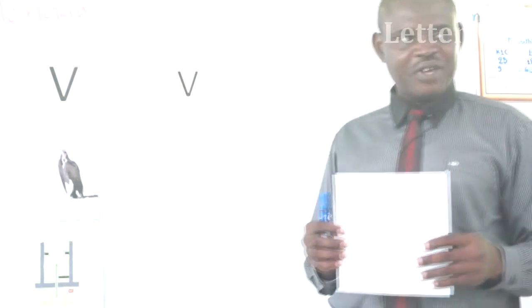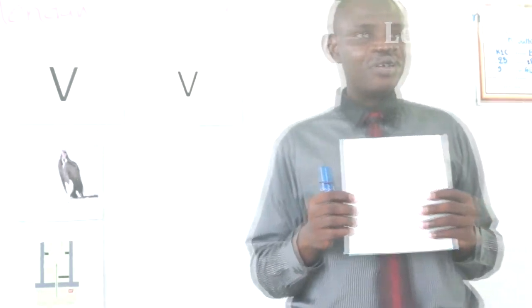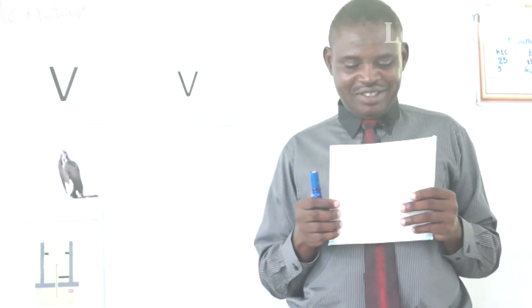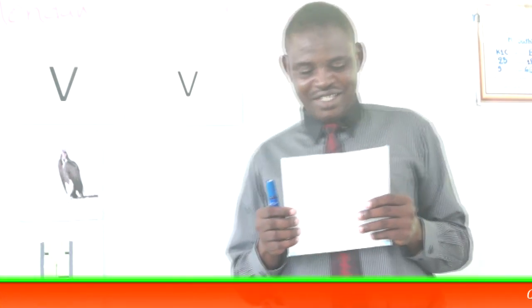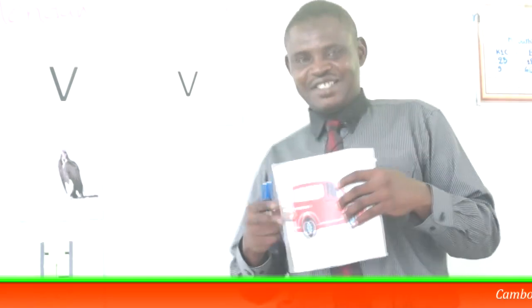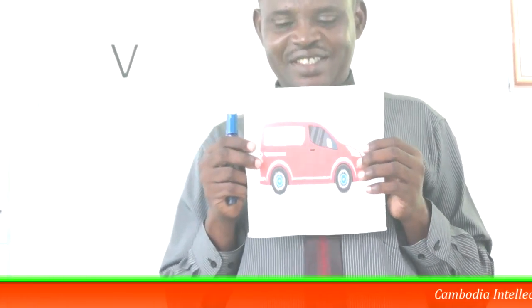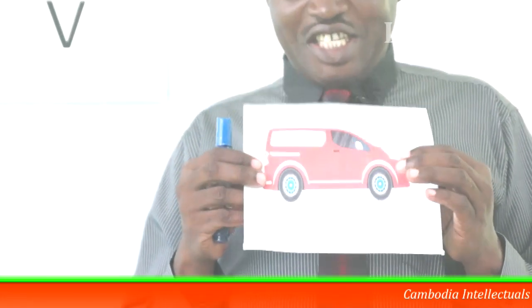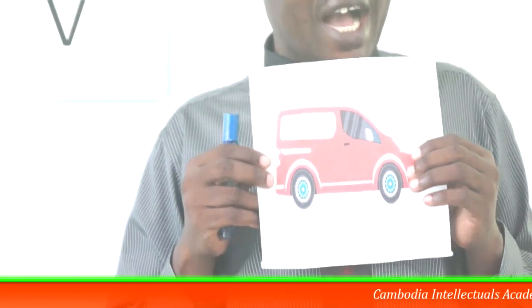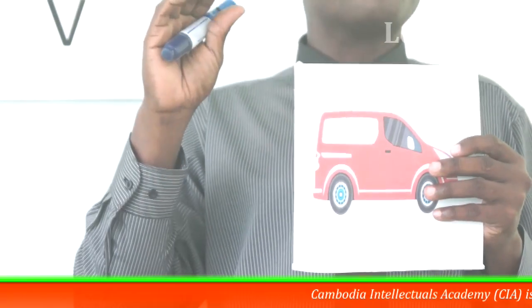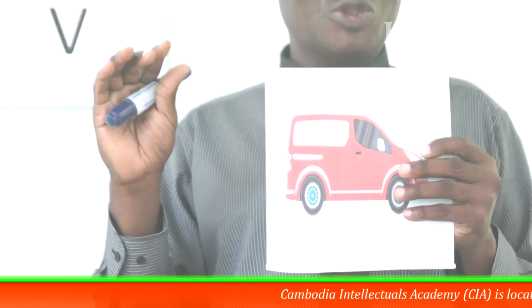We also have something that is very common, and it can be found on our streets in many places, and that is van. This type of shape or cars that are called van, they are only used for carrying goods.